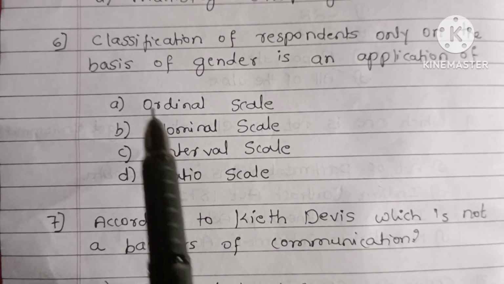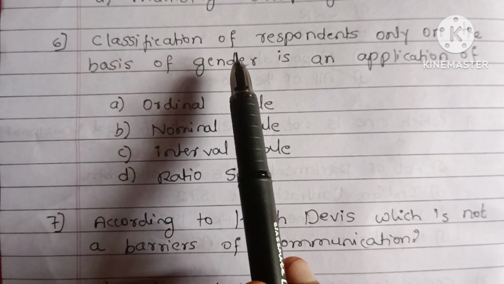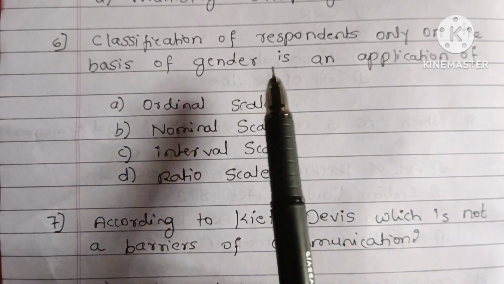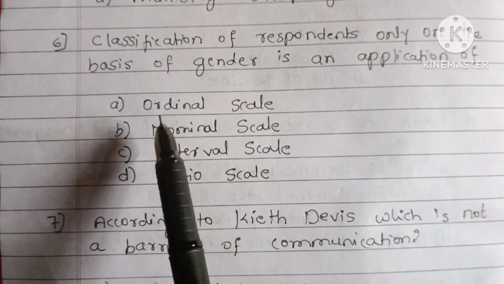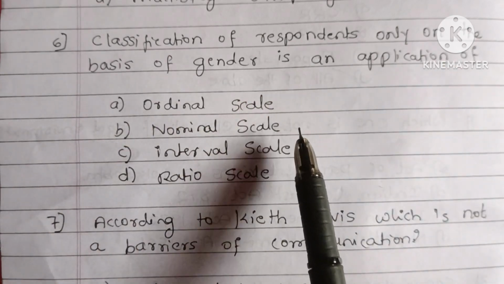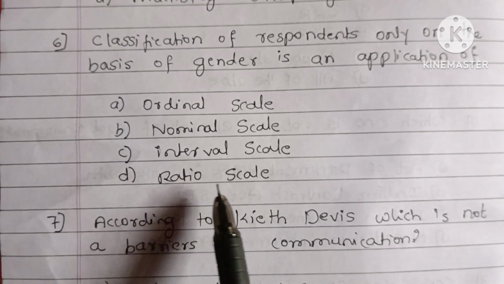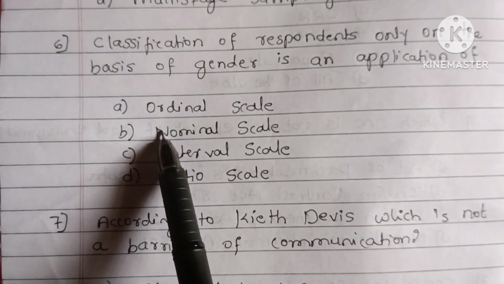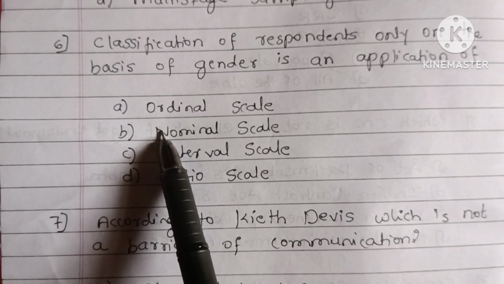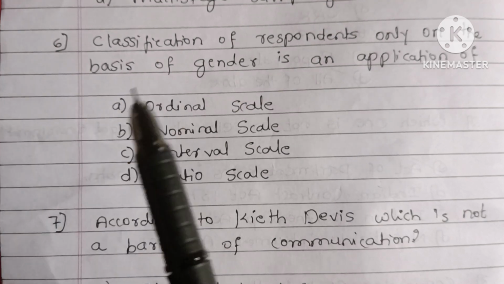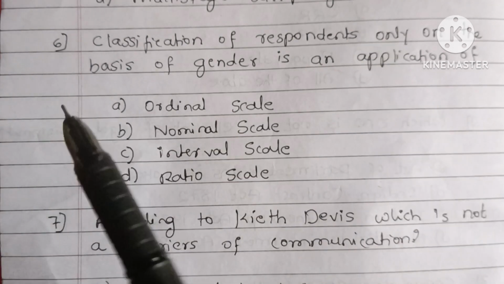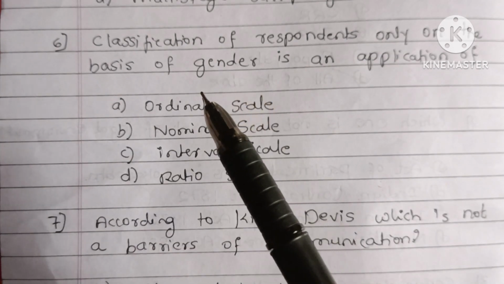Next, come to sixth question. Classification of respondents only on the basis of gender is an application of ordinal scale, nominal scale, interval scale, ratio scale. The nominal scale neither measures nor ranks the data.